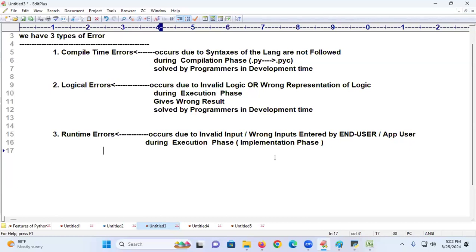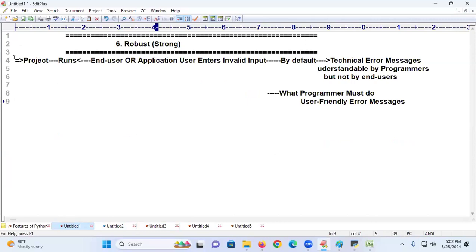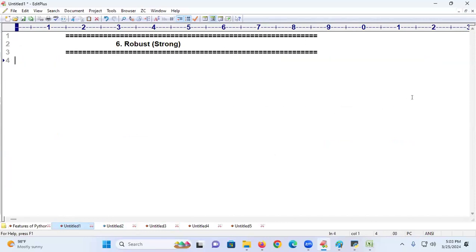Well, now I'm going to tell you one more small thing here, and I will write the description here. Why this is robust? Now I'm writing one beautiful sentence here. Python programming provides a programming feature called exception handling.